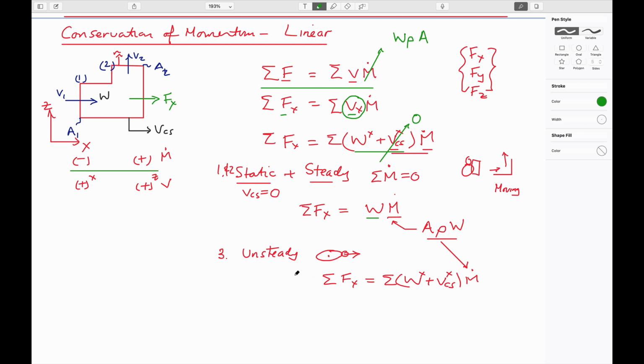But if we're dealing with an unsteady system, such as the case for the decapitated gas cylinder, then it's important that we include both of these components, because no longer is the system steady state. Steady means that as much goes in as comes out. And so it may be moving, but that's the requirement for a steady system.